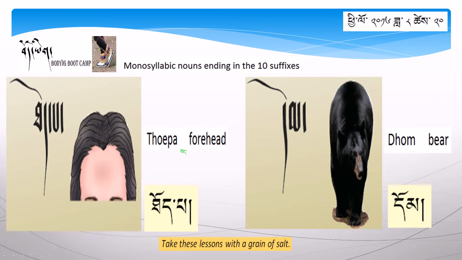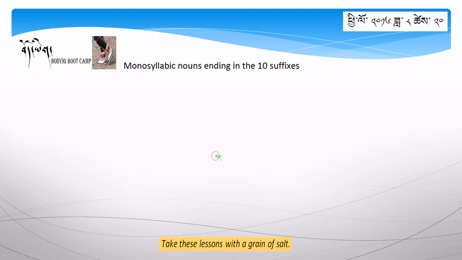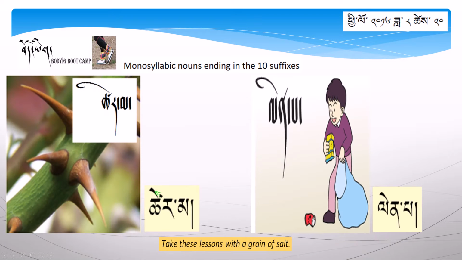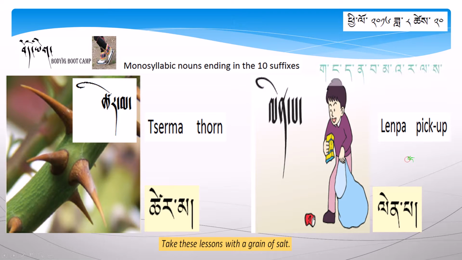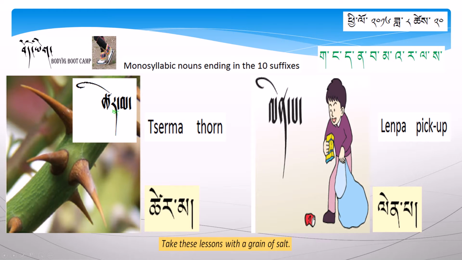So Tupa means forehead, Tom means bear. And then the next examples, Tsadengbo Tsera Tserma Tserma, Ladengbo Lena Len Ba Lemba. So Tserma means thorn, Lemba means to pick up, right? And again in headless letters, in headed letters.